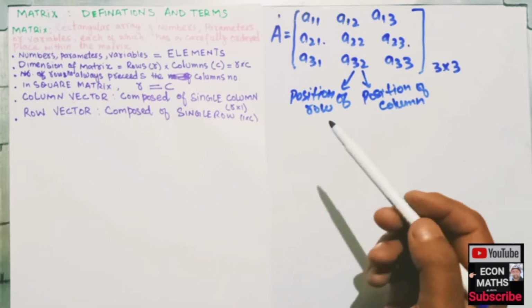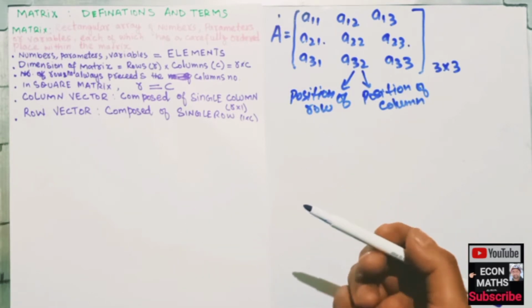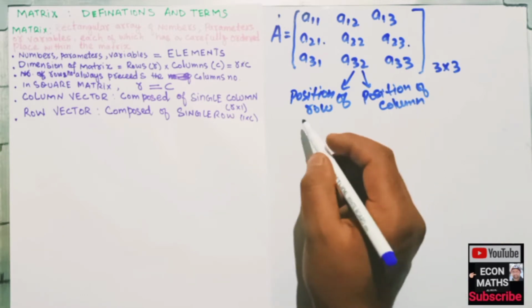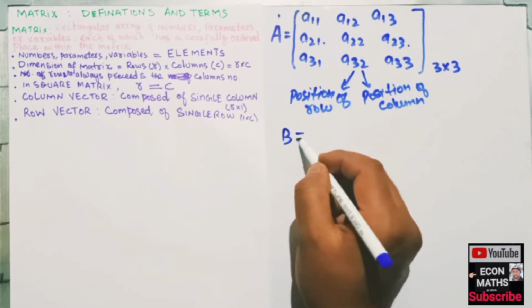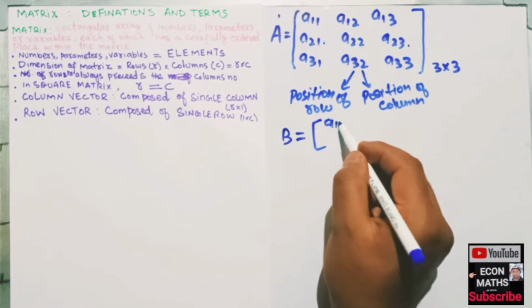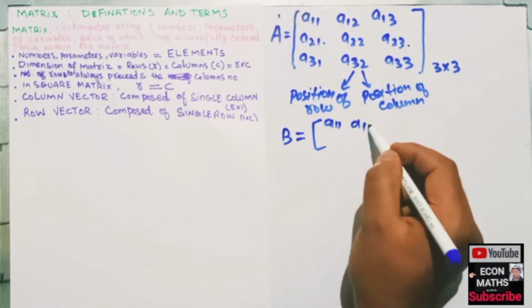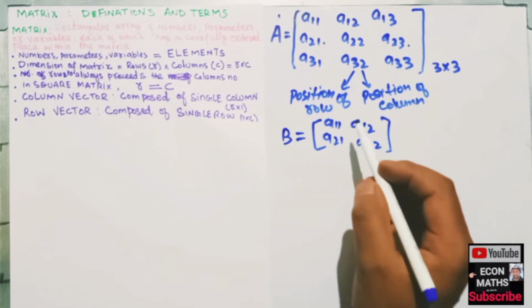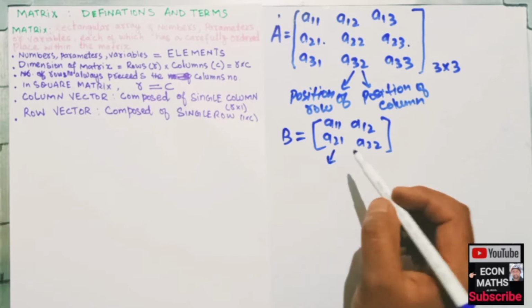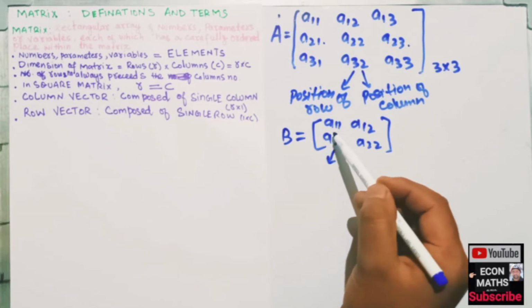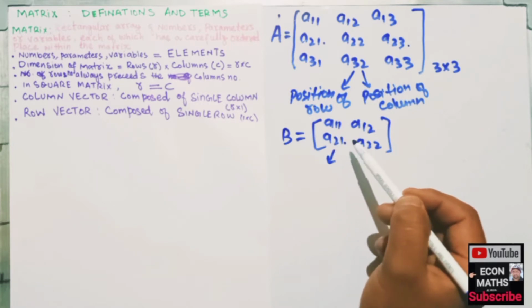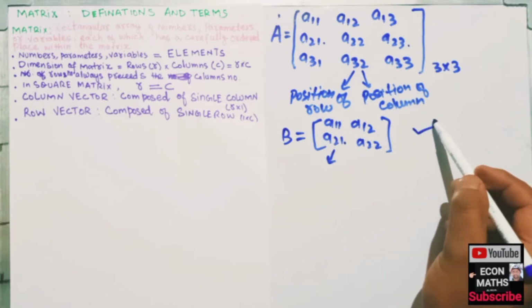Now if I have another example, let us say another general matrix, B is equal to A11, A12, A21, A22. So this subscript tells us that the element here is in the second row, that is this 2, and in the first column. This gives us the address of the element.